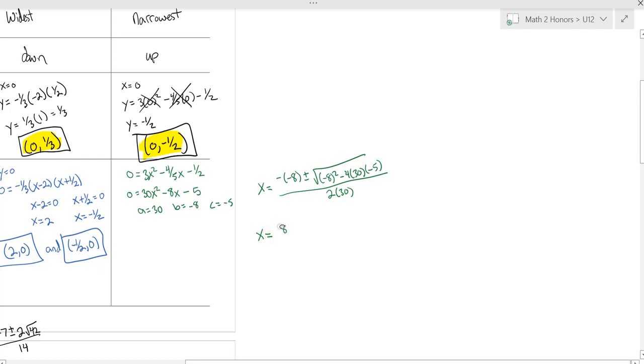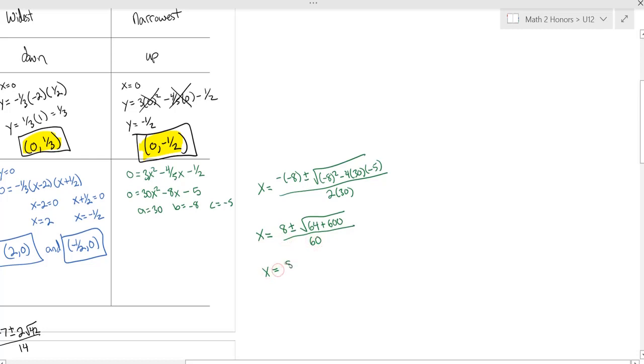And so we get positive 8 plus or minus square root of 64 plus, so we got 4 times 30 times 5. Well, 4 times 5 is 20, and 20 times 30 is going to be 600, over 60.